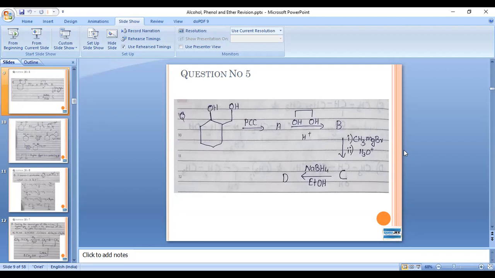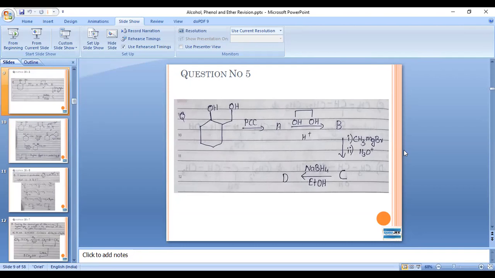Ma'am, what is the second reagent? First reagent is PCC, that is pyridinium chlorochromate. Second reagent is diol, glycol. It is a protecting agent. What is pyridinium chlorochromate? A reducing agent or an oxidizing agent? Oxidizing agent, isn't it? It is a specific oxidizing agent.